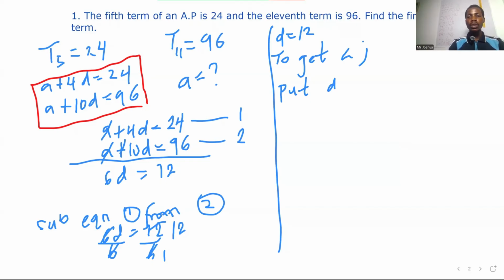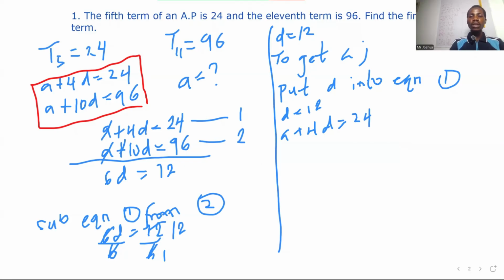So you can say put d into equation 1. Now we know that the value of our d is actually 12. Our equation 1 is a plus 4d equals 24. So if we put d into equation 1, that means we are going to put 12 anywhere we see d in equation 1.